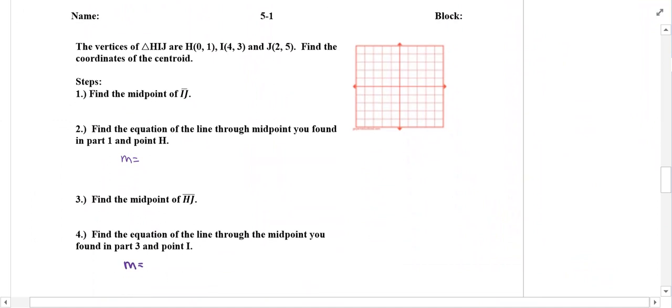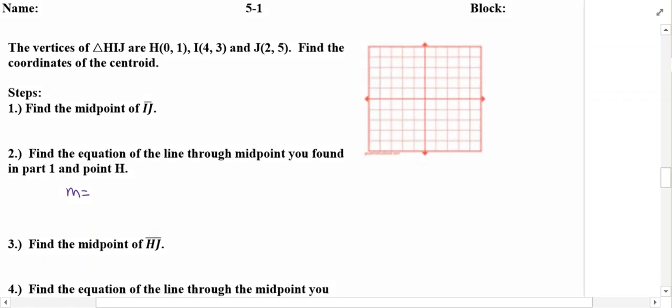So doing this again, there are going to be times that I'm going to ask you to graph it, then find the midpoint, find the equation, find the midpoint of another side, find the equation, and set the two equations equal to each other. So first, let's graph this. We have H equals (0, 1).